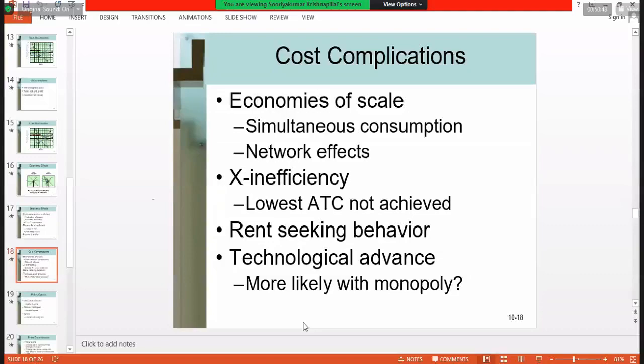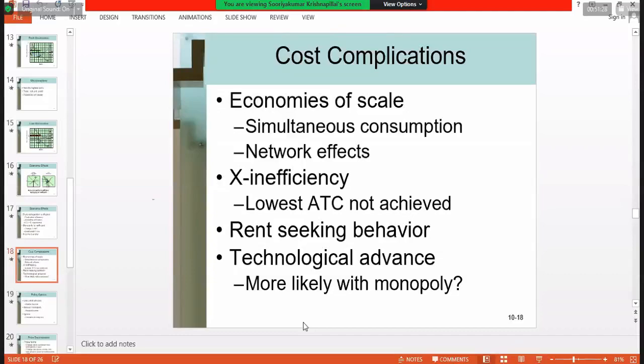In a competitive market, they have to produce at the lowest cost because many firms produce, so there is competition. That competition creates the pressure for the firm to produce at the lowest cost. Others argue a monopoly will not invest, or there is no pressure to develop the technology to produce at the lowest cost.